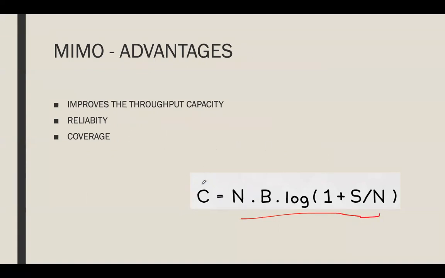So in order to improve the capacity of the system, either we need to improve the signal to noise ratio, or we need to improve the bandwidth of the system. The other option to increase the capacity of the system is increasing the number of channels. So basically in MIMO, we increase the number of channels, because of which the capacity is improved, reliability is good, as well as the coverage is good.